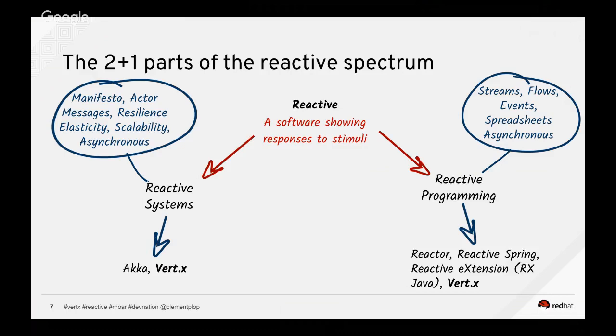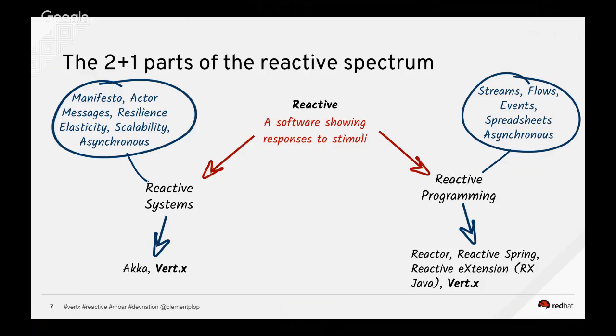But just to have a better understanding of what I mean by reactive, and what the reactive spectrum is, we have many reactive things, as you have seen. So let's try to categorize this. On the left side, we have reactive systems. Reactive systems have been defined by the Reactive Manifesto. We find concepts like actors, messages, resilience, elasticity, scalability, and asynchronous.